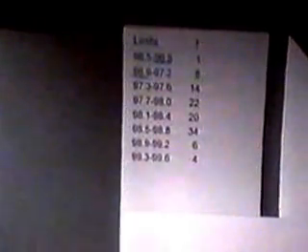How far is it from 96.8 to 96.9? It's 0.1. We take half of that distance, so I divide that by 2, and I get 0.05.